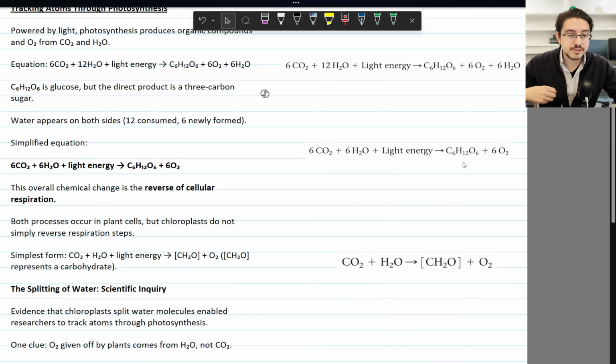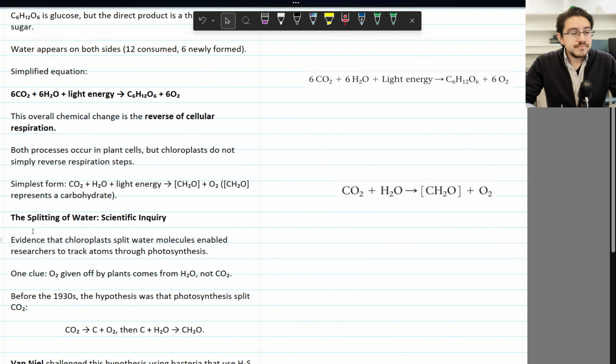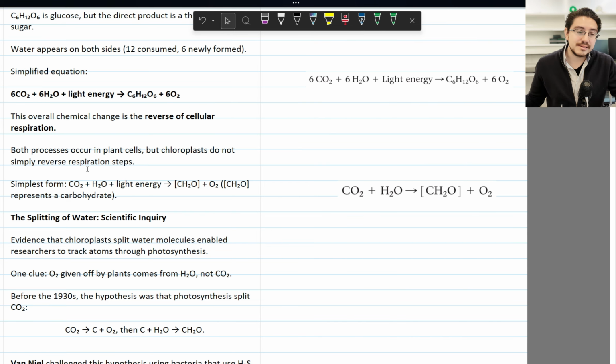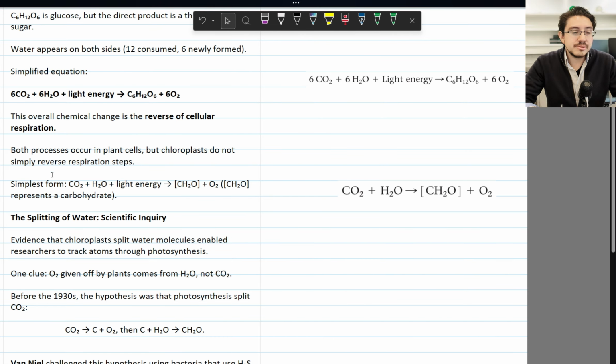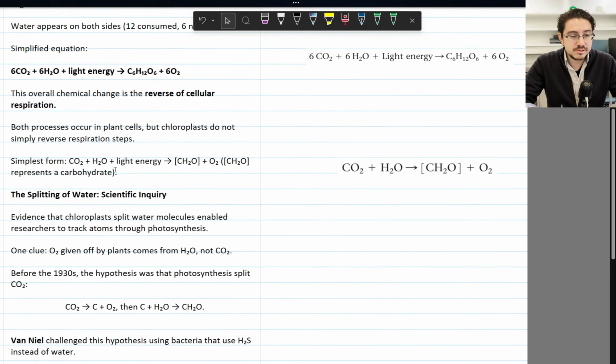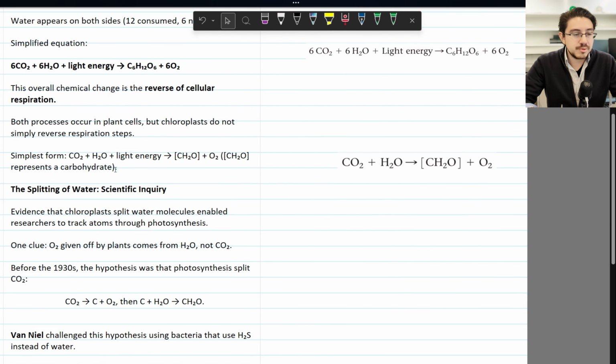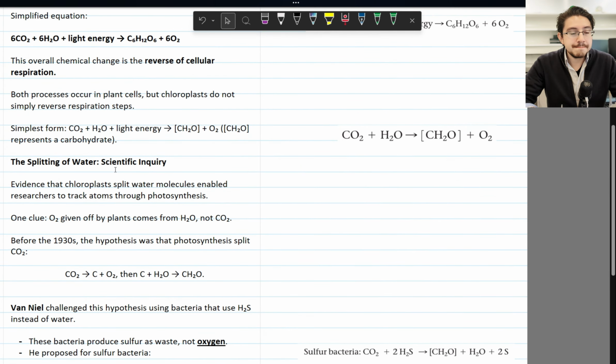This is what we already know from high school. This overall chemical reaction is the reverse of cellular respiration. Both processes occur in plants, so definitely keep that in mind. Of course, chloroplasts do not simply reverse the respiration steps. It's a very complex process.